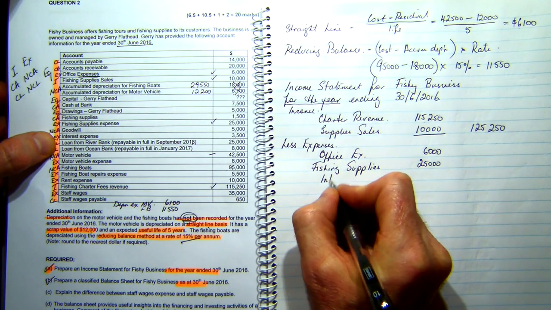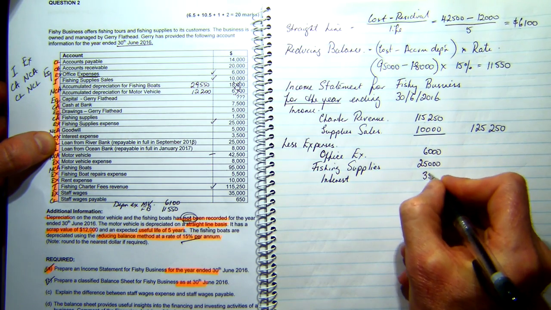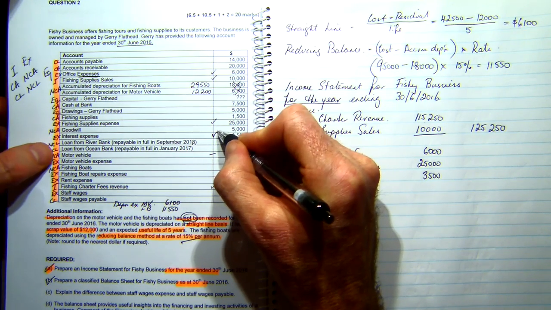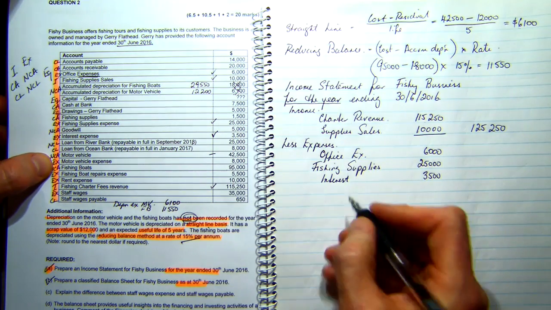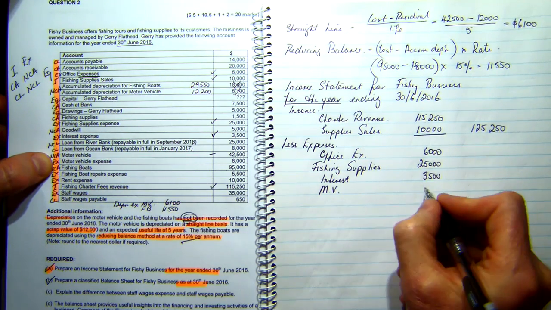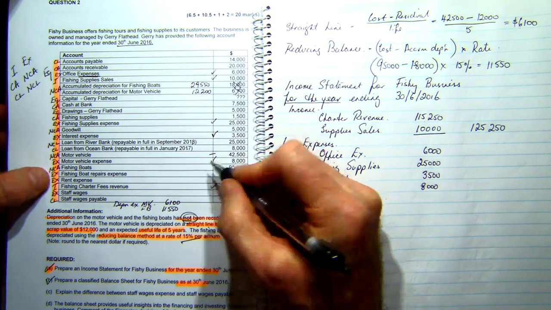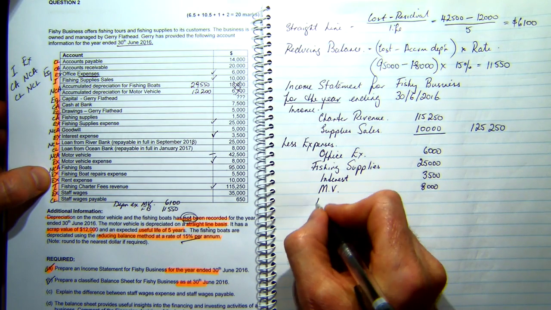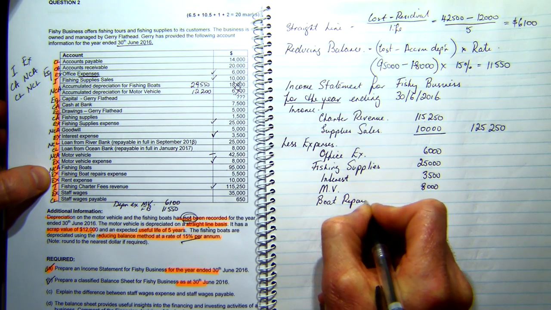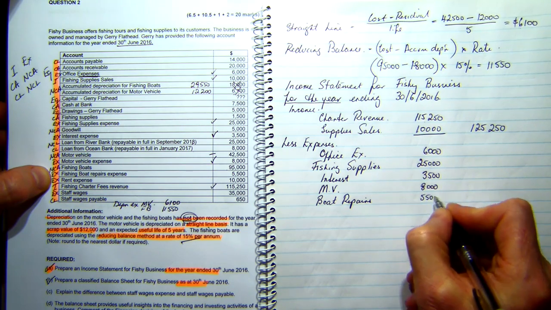Interest of 3,500. Yep. Motor vehicle 8,000. Boat repairs 5,500.